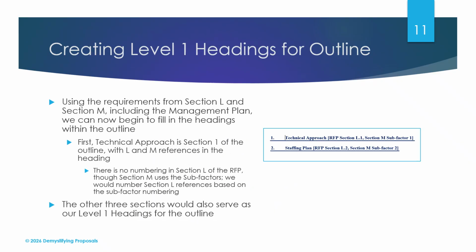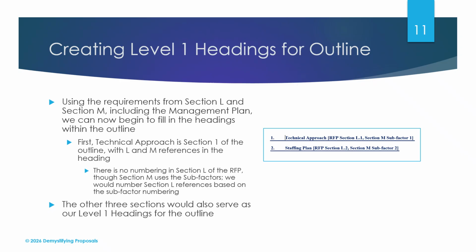So now that we've looked at section L and the way that they list out the requirements, and section M and the way they list out the subfactors, we can create those level 1 headings for our outline. We would include management plan because even though it doesn't have any further description in section L and it's not in the adjectival evaluation criteria in section L, it's still a subfactor in section M, and it does actually appear in section L. So one way or another, management plan needs to be there until we get an answer to our question about that.